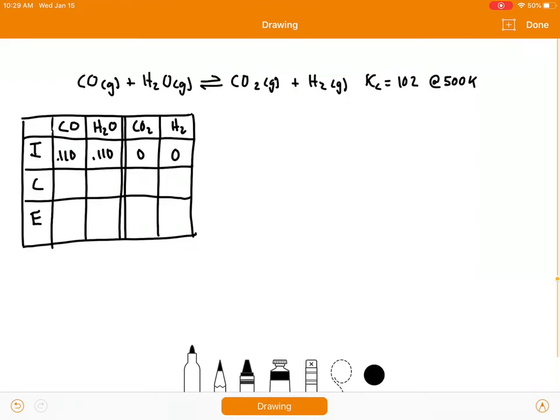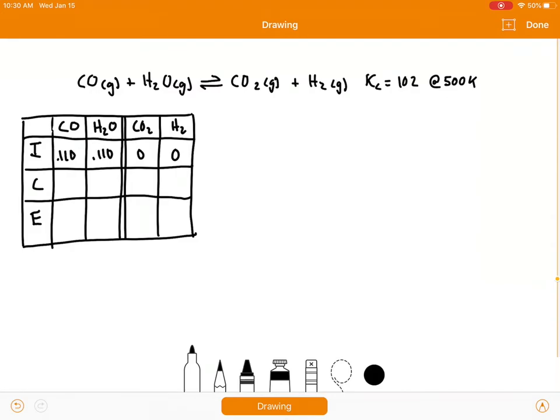The K value is 102 at 500 Kelvin. And then the problem stated that we start with 0.110 molar carbon monoxide and 0.110 molar water, and you don't have anything else. And we have to find the equilibrium concentrations.